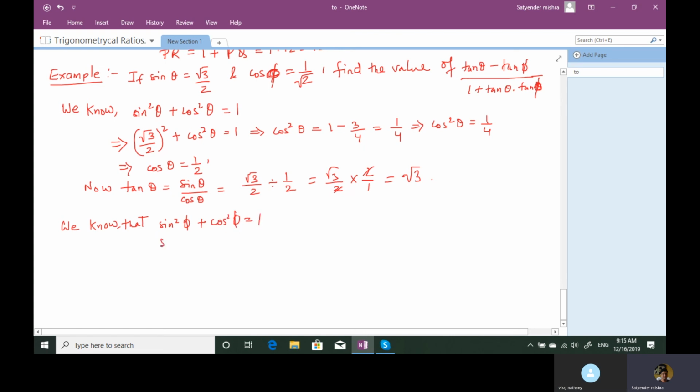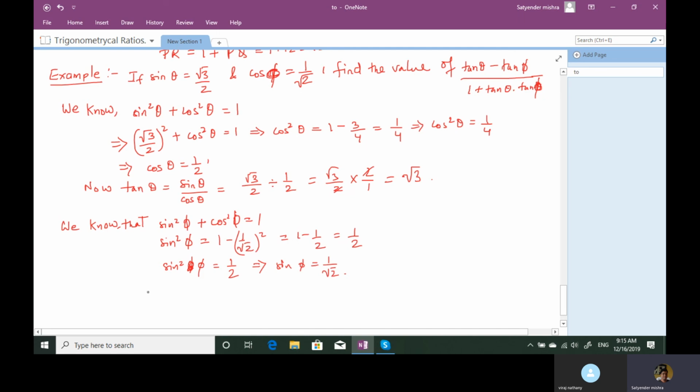So very simple, sin square phi is equal to 1 minus cos square phi, which is 1 minus 1 by root 2 whole square. So this is equal to 1 minus 1 by 2, which is equal to 1 by 2. So sin square phi is equal to 1 by 2. And this implies sin phi is equal to 1 by root 2.